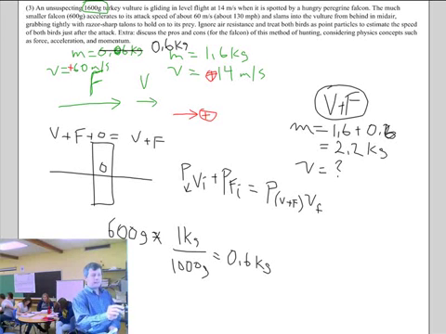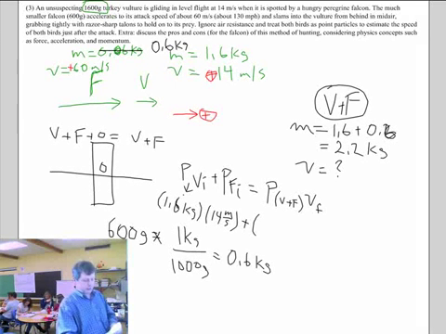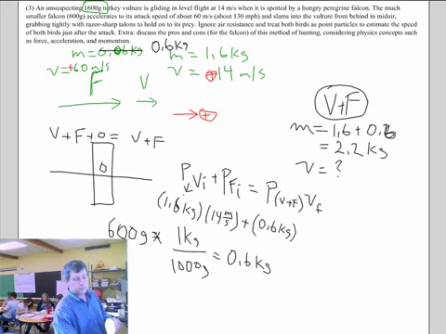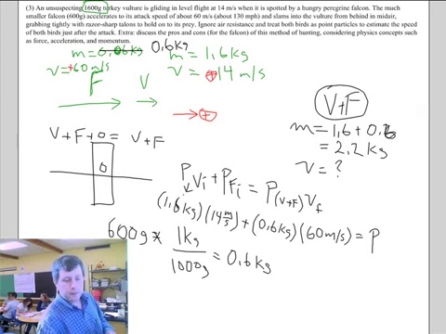The momentum of the vulture, 1.6 kilograms times 14 meters per second, plus the mass of the Falcon times the speed of the Falcon, equals the momentum final of Vulture plus Falcon.